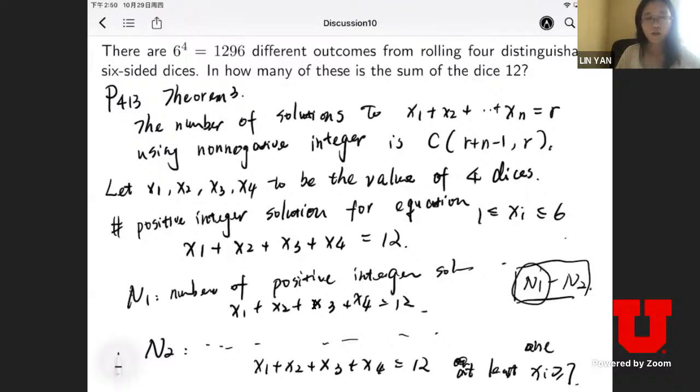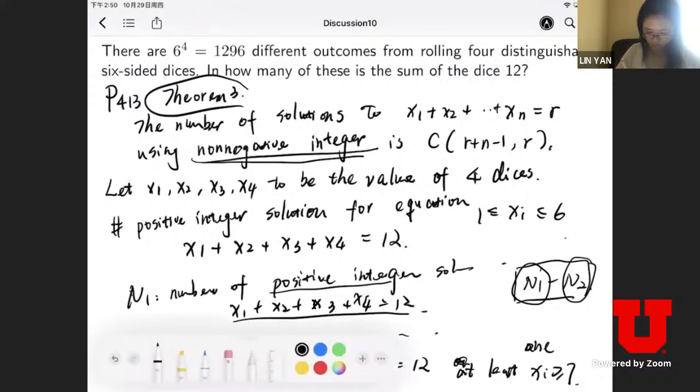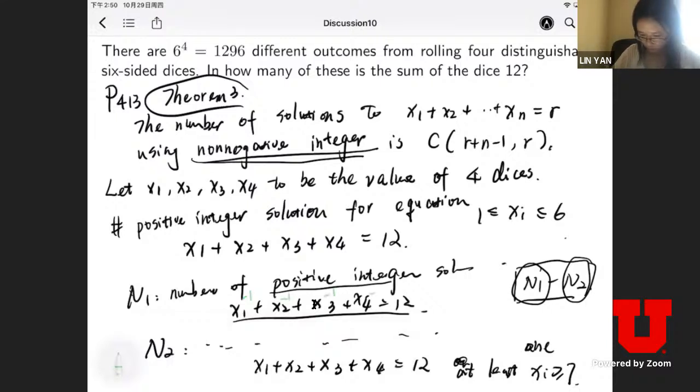So we need to find the answer for n1 and for n2. For n1, we need the number of solutions in positive integers. But in Theorem 3, we use non-negative integers. We can think about it in another way: subtract 1 from each item, and then the right-hand side should be minus 4.